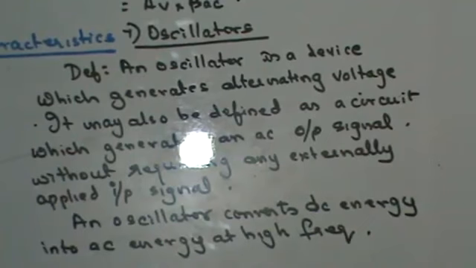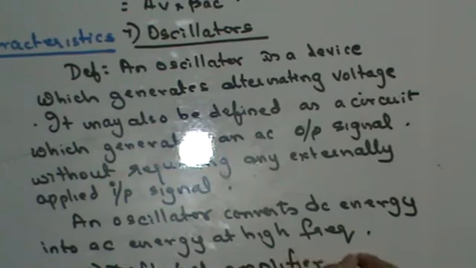Fine. So I can say that the function of the oscillator is exactly opposite that of a rectifier, right? Now, what's the difference between an amplifier and an oscillator? Let's try to find out the difference between amplifier and oscillator.